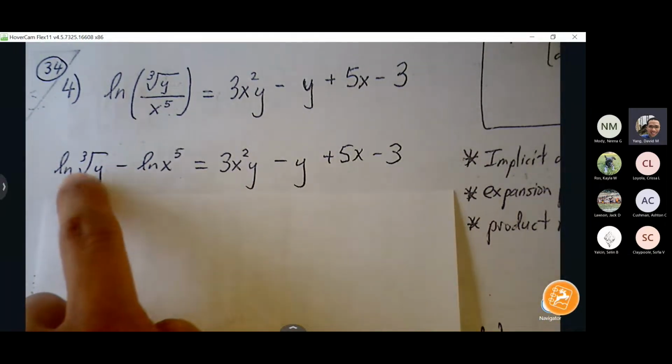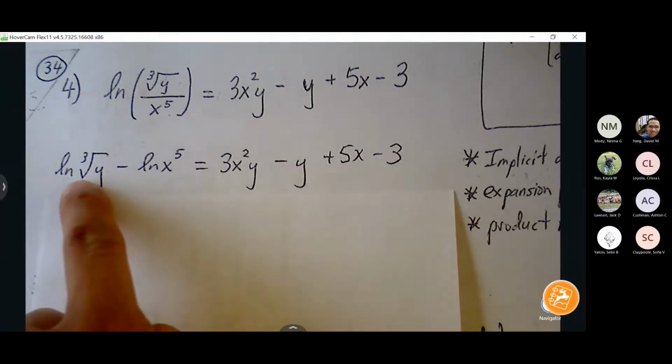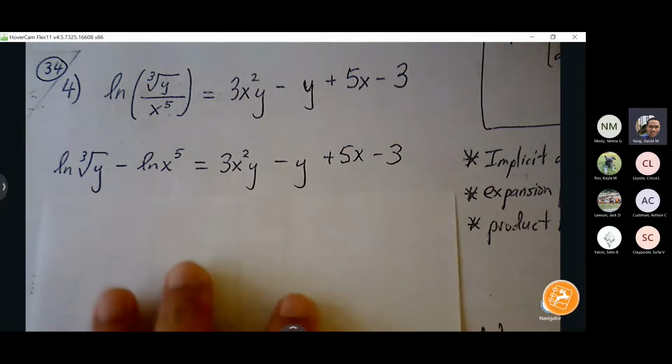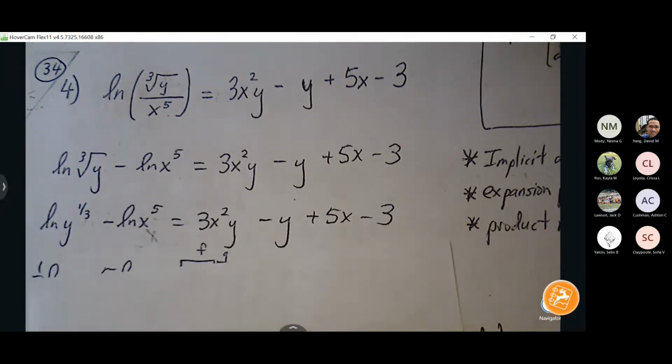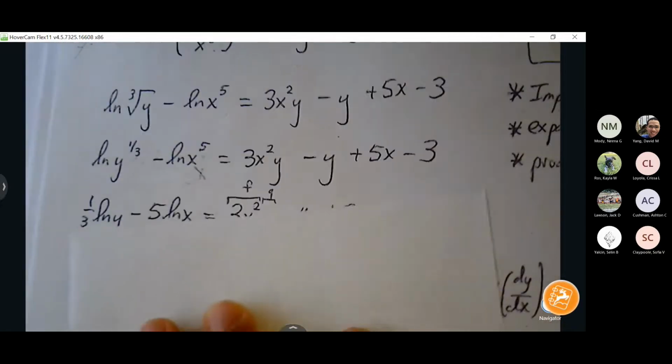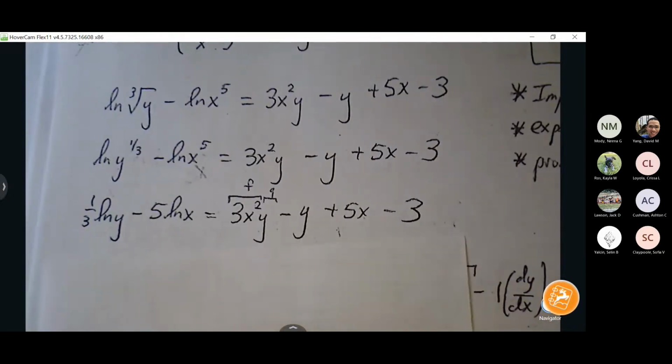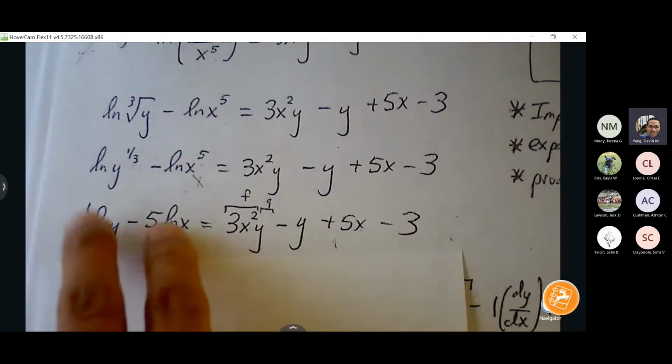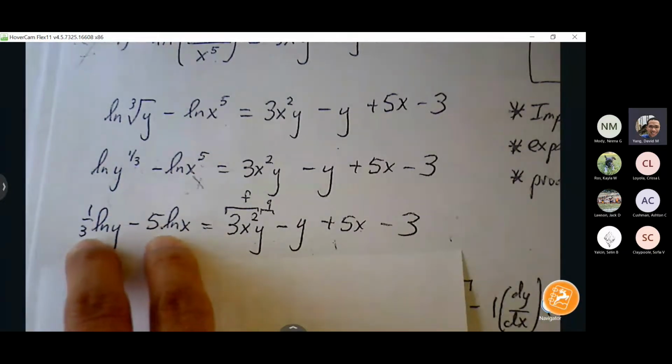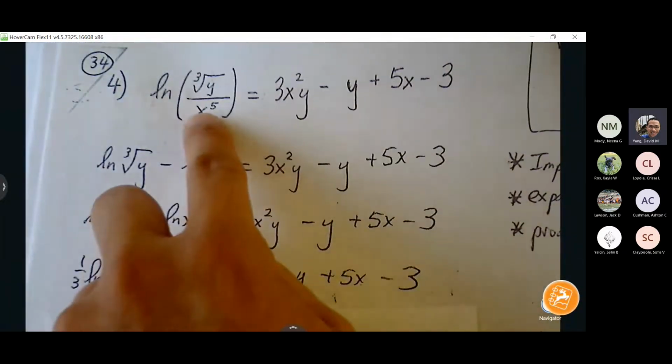How else can we rewrite this? Yeah, y to the 1/3, right? And that 1/3 can be brought down, and so it's a lot easier handling derivative at this stage than trying to do it at the earlier stage.